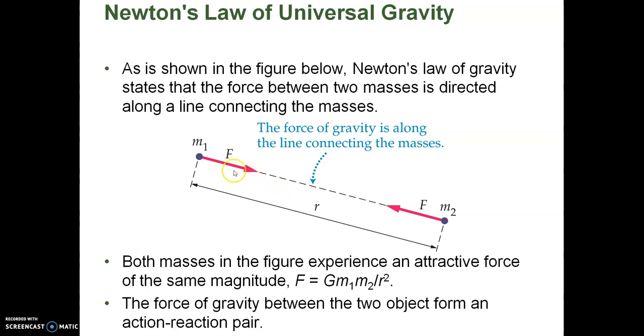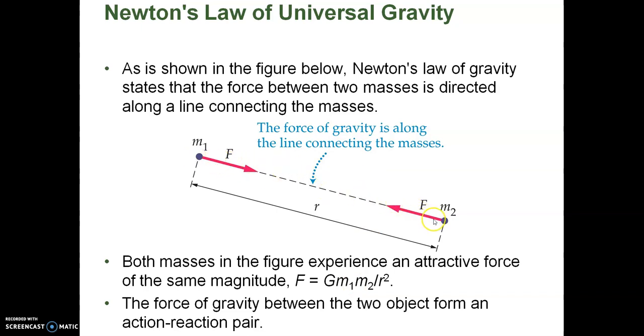And again, note that they are just a third law action-reaction pair. Mass 2 is applying a force this way on mass 1. Mass 1 is applying a force that way on mass 2. They are exactly equal magnitude. Third law dictates that has to be true. And that's why it's m1 and m2 in the equation down here.